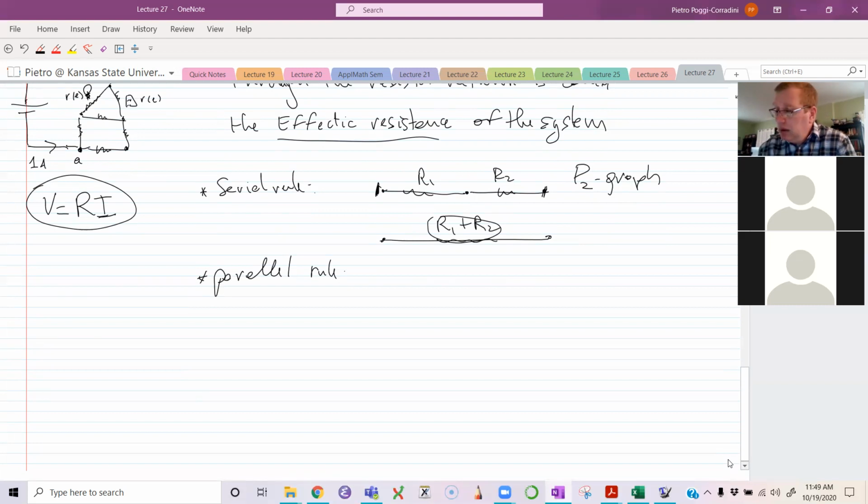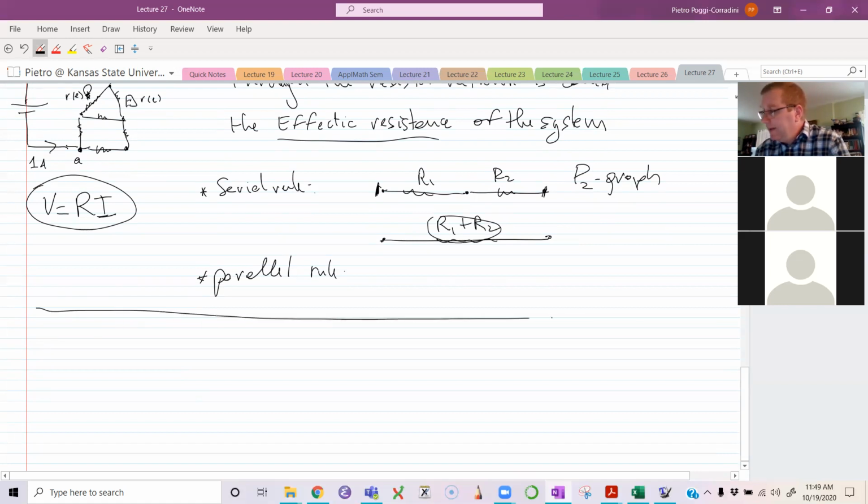So the key law that links potentials and current is called Ohm's law.